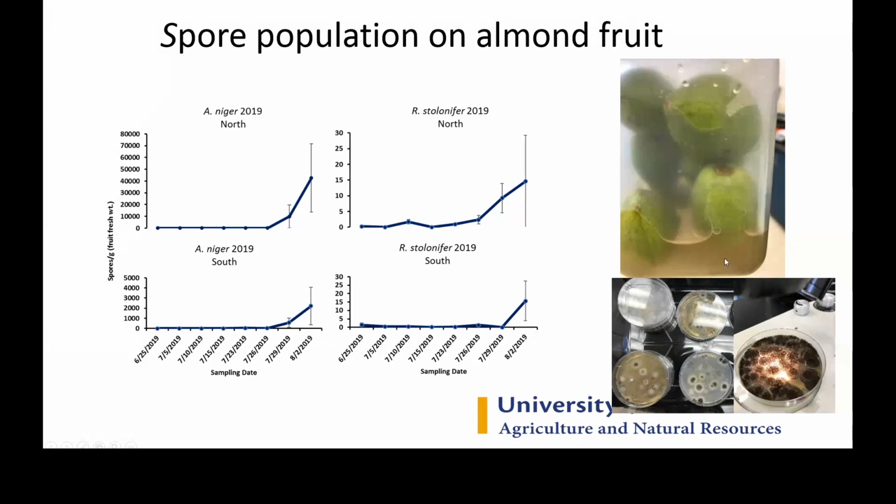So pretty much what we did is getting those fruits, putting them in a plastic bottle container, putting sterile water on them, and then we plate them. And that's exactly what we get on a plate. So there's quite a bit of dust, and that's how the pathogens get inside the sutures or on the surface of the fruit.